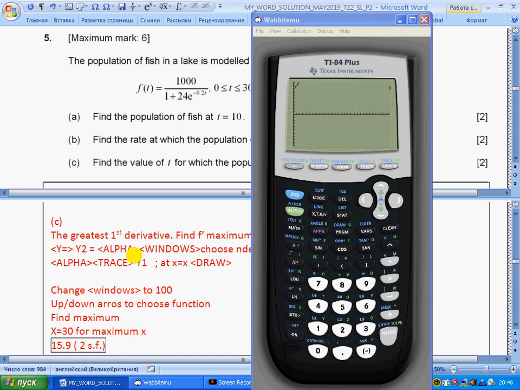Still calculating. Calculation is going.